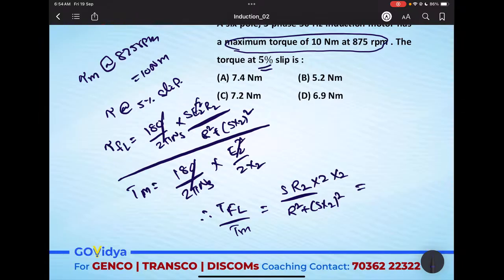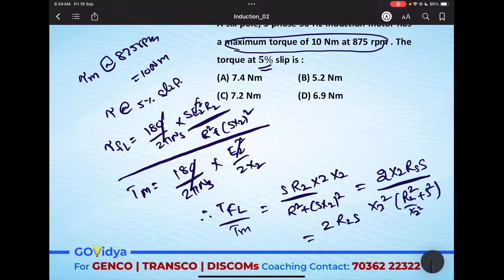That can be written as 2 X2 R2 S divided by X2 square. If you take X2 square out, it will come R2 by X2 square plus S square. After canceling out, one X2 will be cancelled.